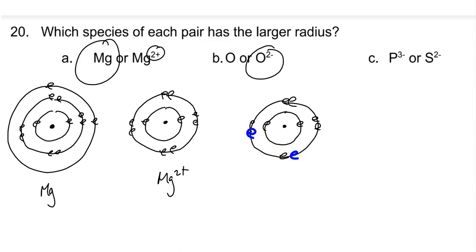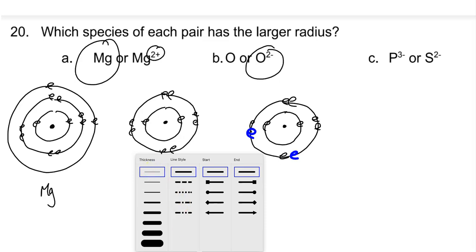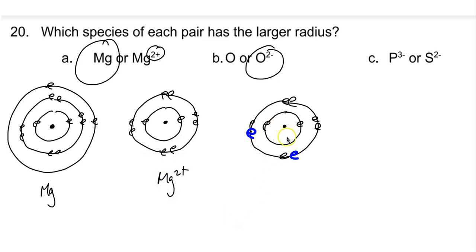Okay? And so when it does that, you have to recognize that the protons don't change. The protons don't change, and also we don't add a ring, we don't remove a ring. It has the same number of rings. These electrons, there's something we're going to learn in the future called valence shell electron pair repulsion.